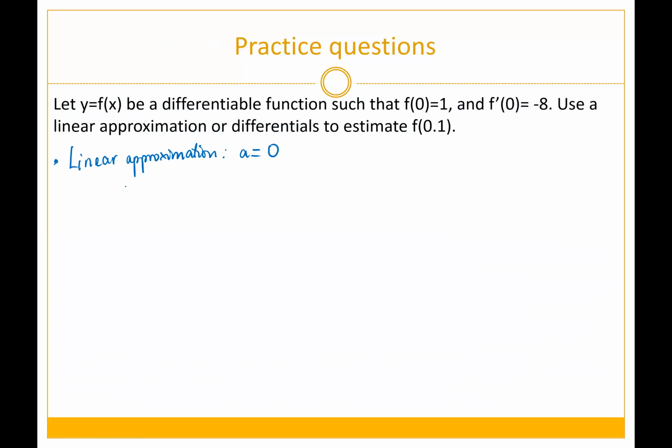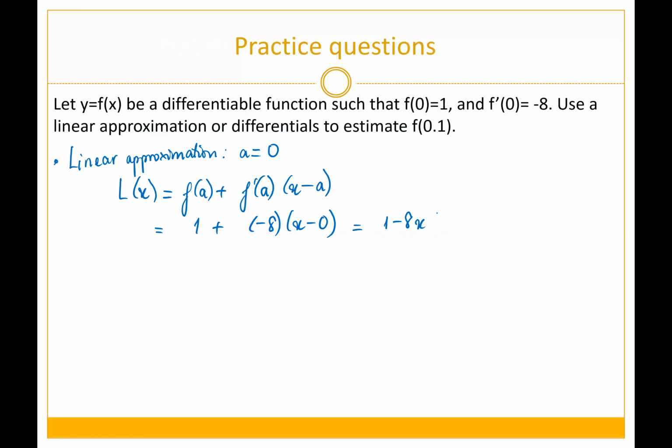So you have L(x) equal to f(a) plus f prime of a multiplied by x minus a. So f(0) is 1 plus negative 8 times x minus 0, which gives us 1 minus 8x. Therefore, if you plug 0.1 in, you have L(0.1), which is 1 minus 0.8, which gives you 0.2.